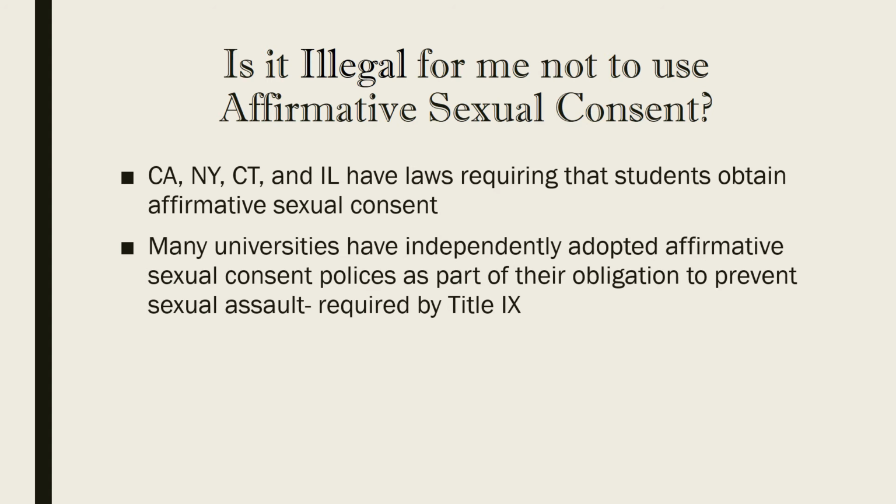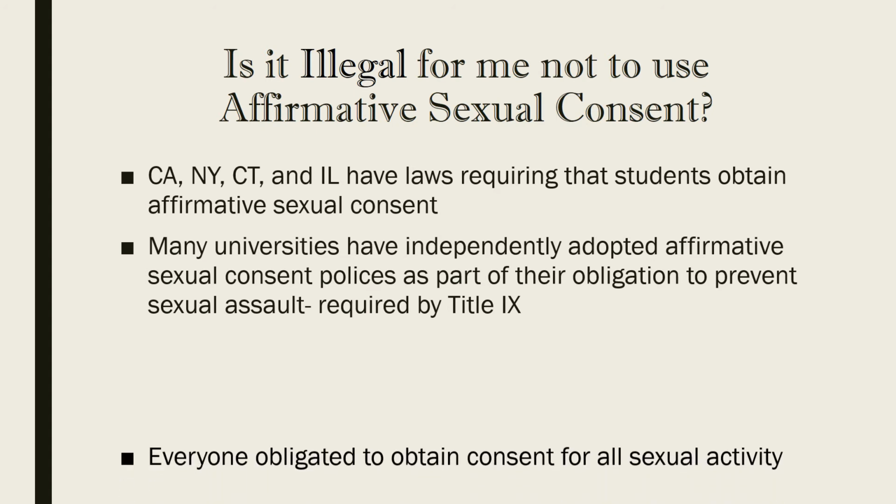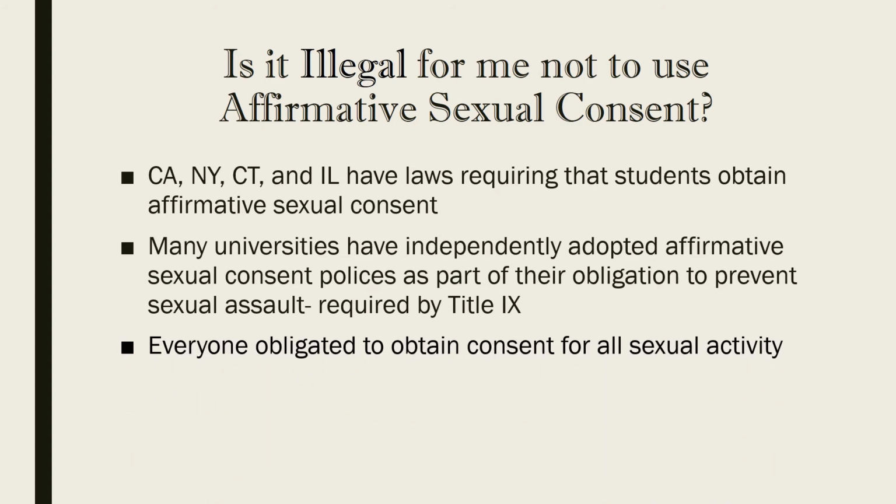So in the end, while technically there are no laws in most states mandating that every student use affirmative sexual consent, it is still illegal in every state to sexually harass, assault, or rape someone, which in the converse means that everyone is required to get consent for every sexual activity or encounter, because by definition, if they don't, they are committing sexual assault, which again is illegal.